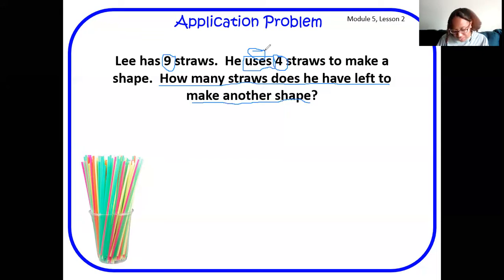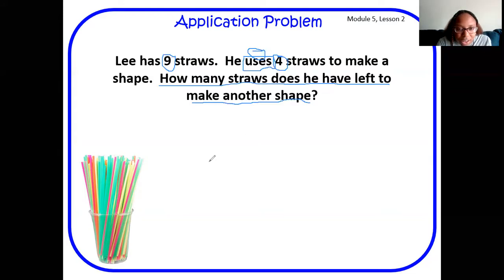All right. So after that, now I want to evaluate, which means I need to think about what do I know? And here, do I know my 2 parts or do I know my part and my whole? What do you think? I know a part and I know a whole because if I read my first sentence, it says Lee has 9 straws.